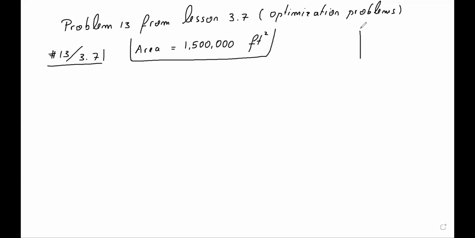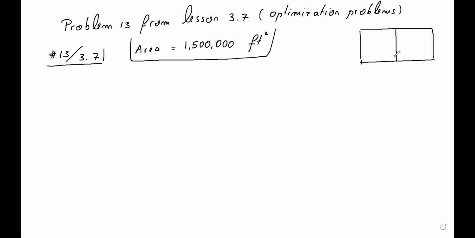And it says it's a rectangular area in the problem, so it looks something like this. And it says to divide it in half with a fence parallel to one of the sides of the rectangle. So our farmer divides the yard here in two parts. So one part, let's say here where he places chicken, and another part where he places some other things, rabbits or some other things.